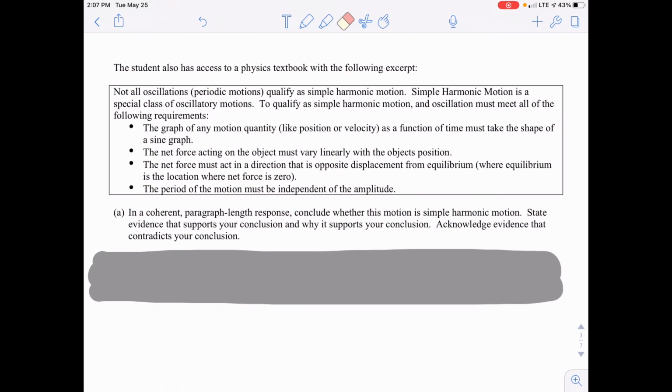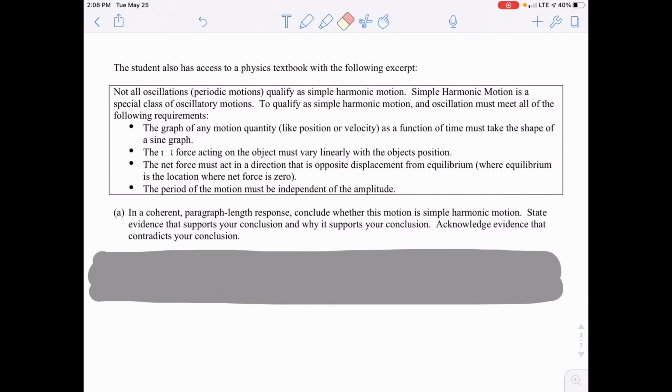The student also has access to a physics textbook with the following excerpts. So here's another review of what it means to be simple harmonic motion. Not all oscillations, that means periodic motions, qualify as simple harmonic motion. Simple harmonic motion is a special class of oscillatory motions. To qualify as simple harmonic motion, an oscillation must meet the following requirements. Again, it must be sinusoidal. That means a sine or a cosine graph.